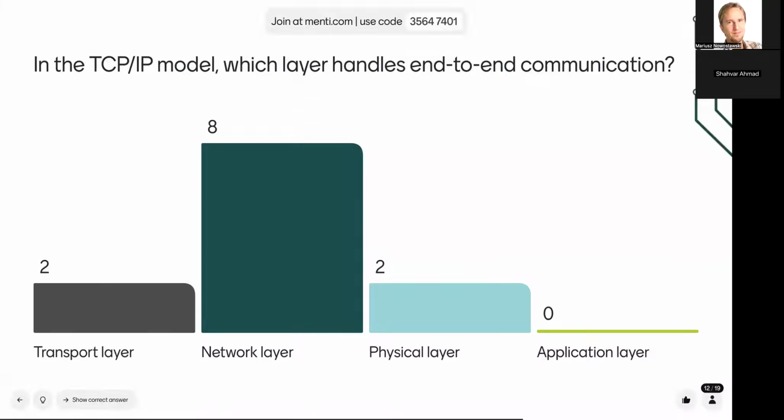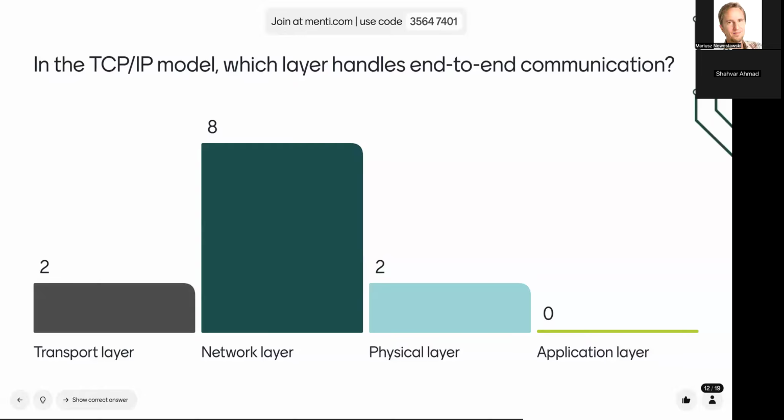It's not end to end. Your 10.0.0.1 does not talk to 192. So it cannot be the network layer, because your browser is not talking to that IP address, and that IP address is not responding to this IP address. So end to end definitely is not this one.